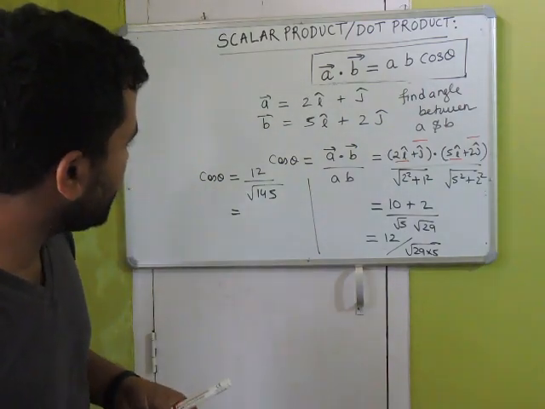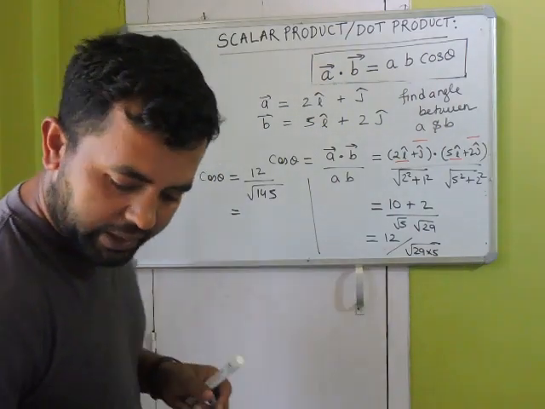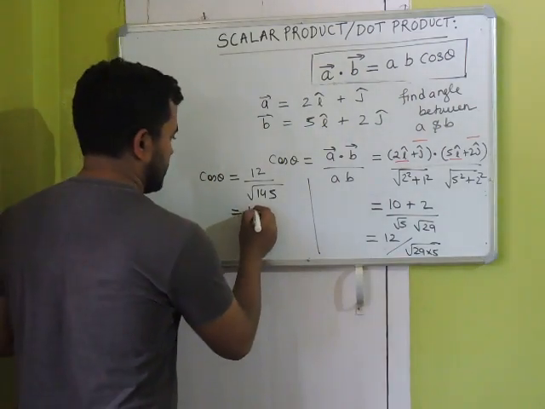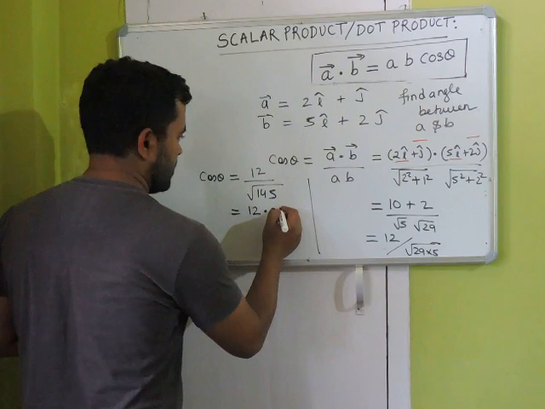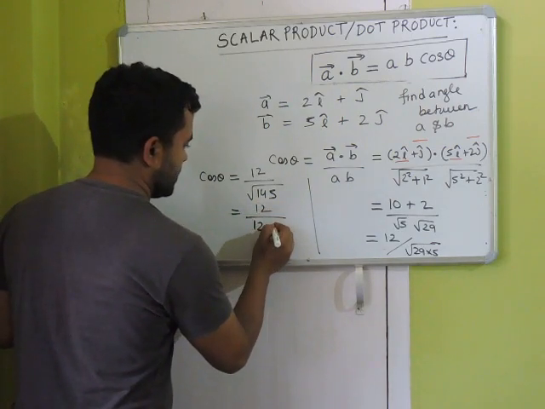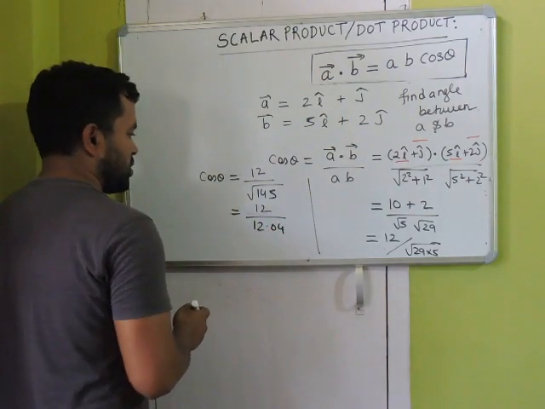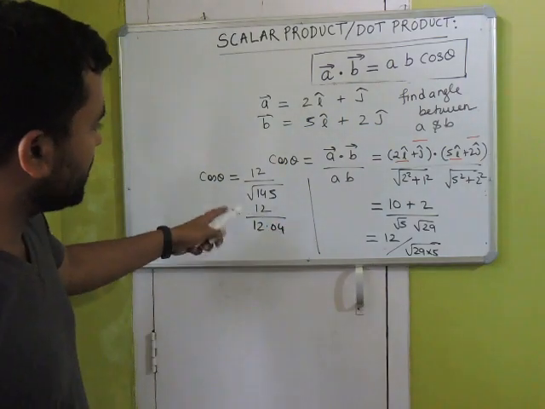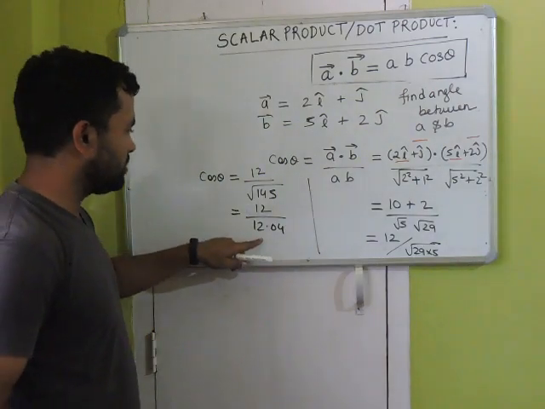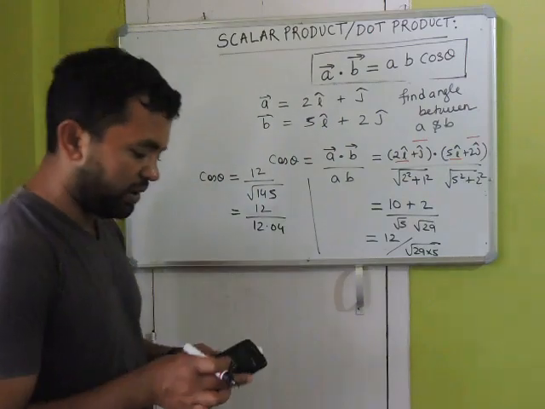It is approximately 12. Okay, it is not exactly 12, it is 12.04, something like that. So if you find it, you can see it is nearly 1, right? So theta will be very near to 0 degree.